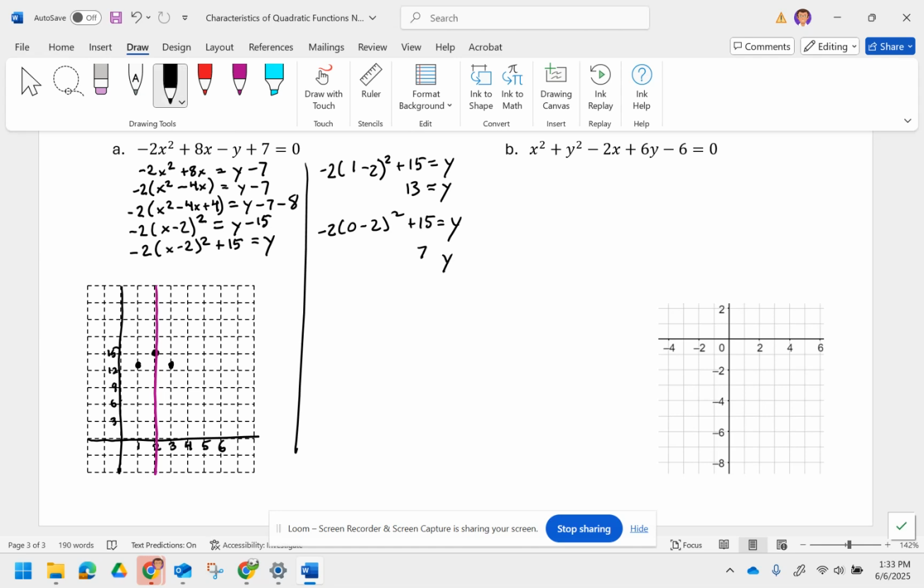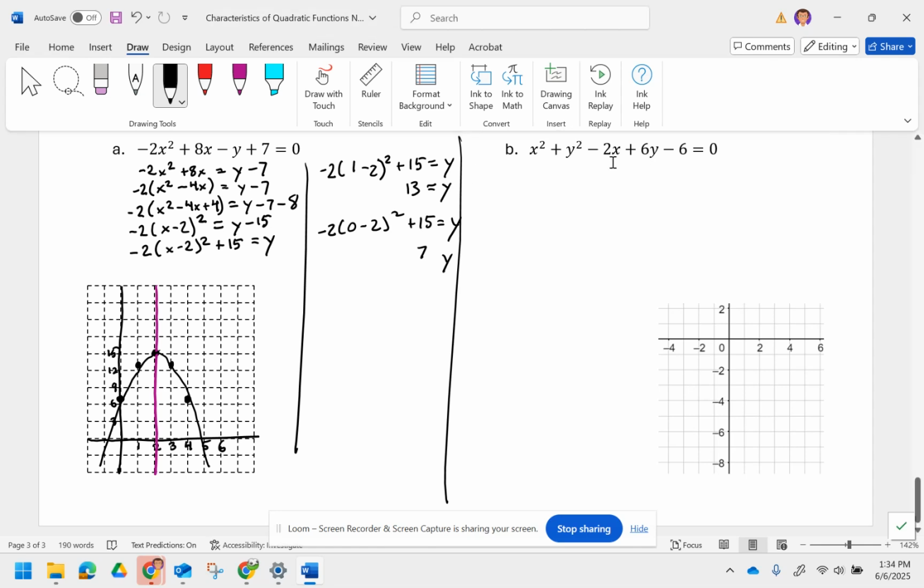So at 0, we're at 7, which means at 4, we're going to be at 7. And we can see how that's helping to form our equation. Okay, fantastic. Let's go ahead and move on to this next one.